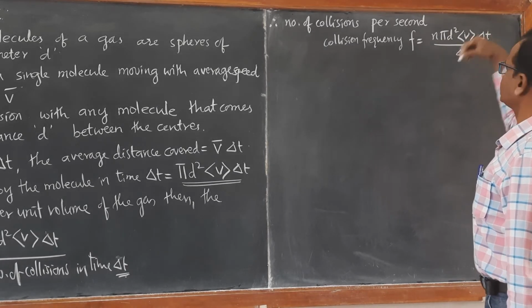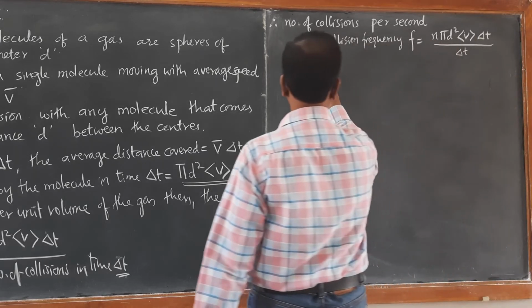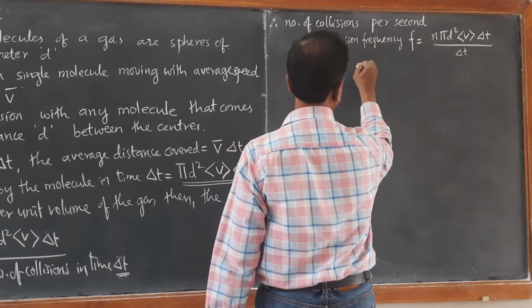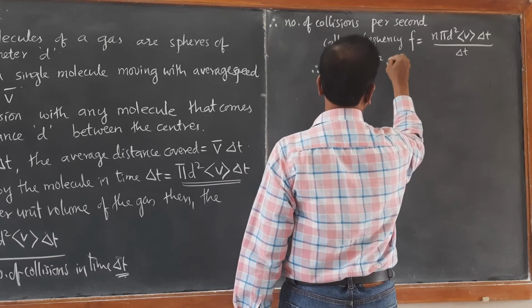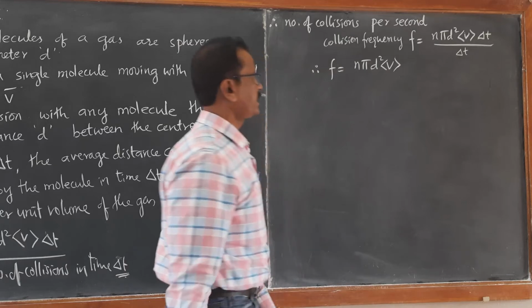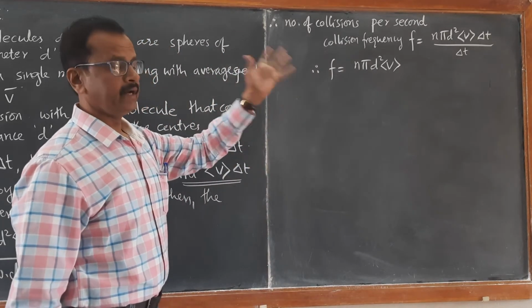So delta t cancels. Therefore, collision frequency F becomes equal to n pi d square times average velocity, bracket v. Now we can calculate average collision time.